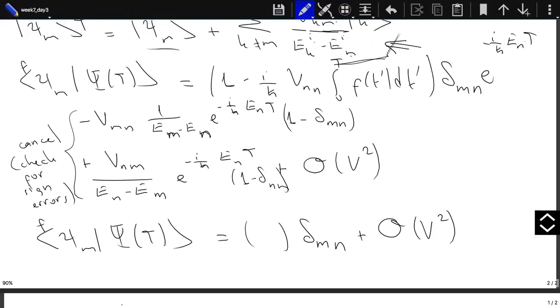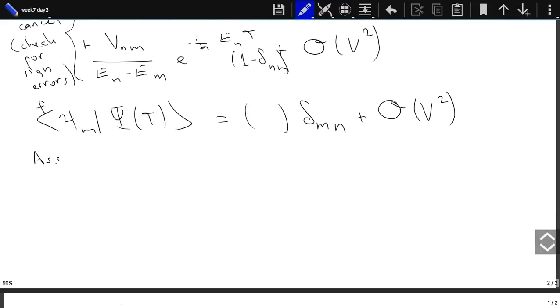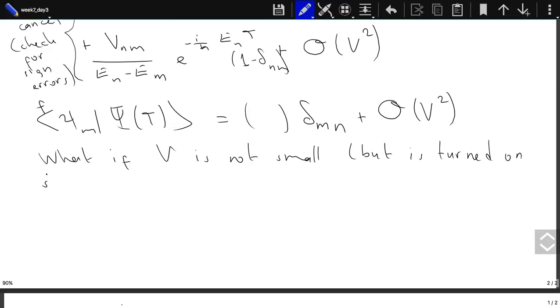So let's assume, now what happens if V is not small? But nevertheless, we just turn it on slowly. So basically, we start from H0, Hi, let's say at time t equal to 0.